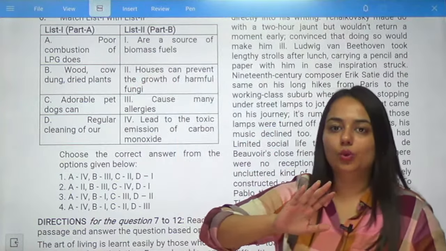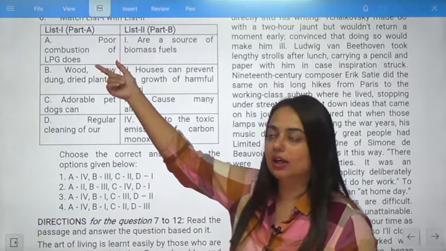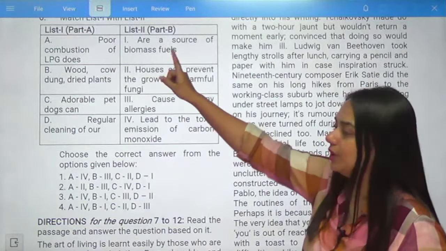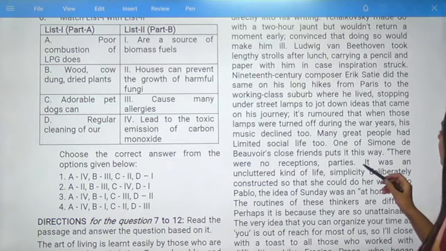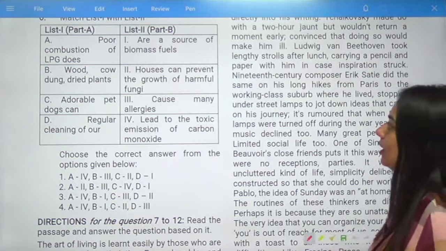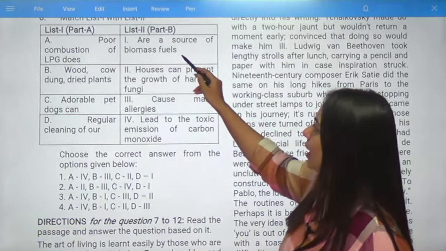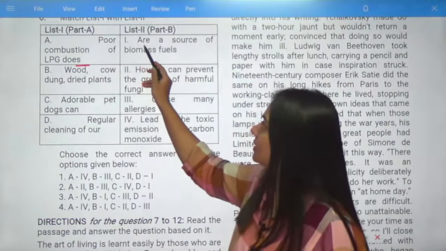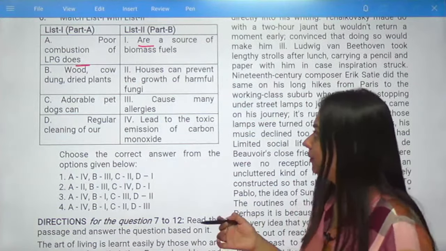So what we can do is, जैसे ही हम first list में से कोई भी sentence read कर रहे हैं, let us try to read these and fit one with that. Let's do this one. Poor combustion of LPG does are a source of biomass. Does के बाद are तो वैसे ही it cannot be there grammatically. It's not correct, right?